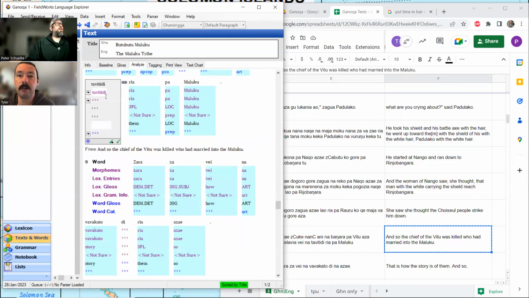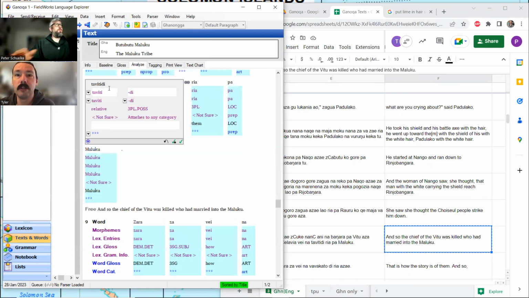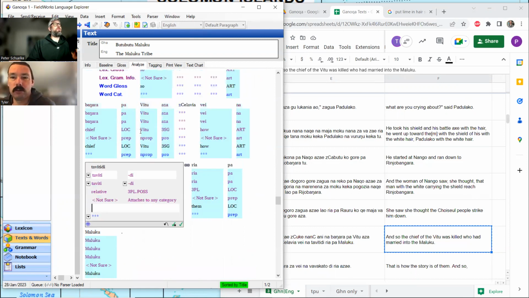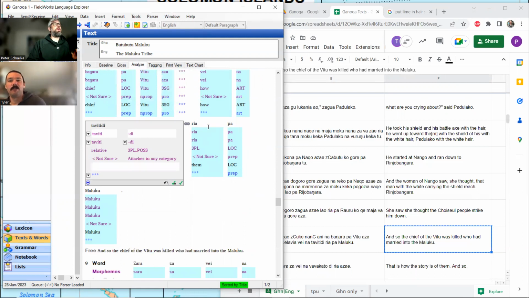Yeah, he died. Tavitindi. Is it a na before that? Yes, his marrying it. Who their relative, them, those of the Maluku, yep. So I'm going to put their relative.